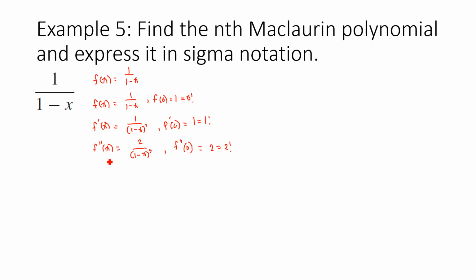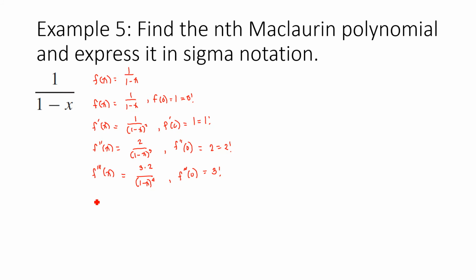And then the third derivative of f of x is equal to 3 times 2 over 1 minus x raised to the power of 4, and at 0 this is 3 factorial.